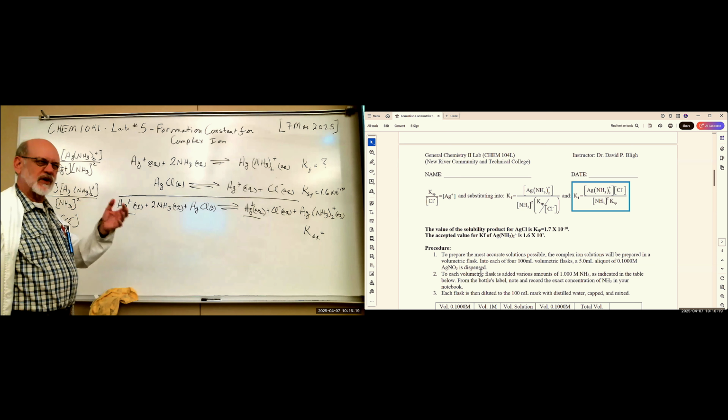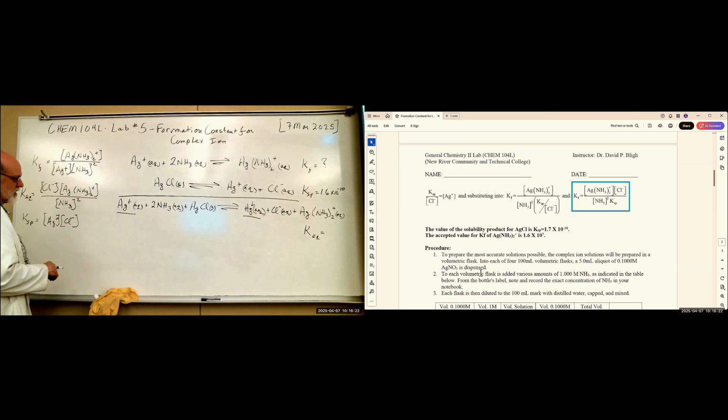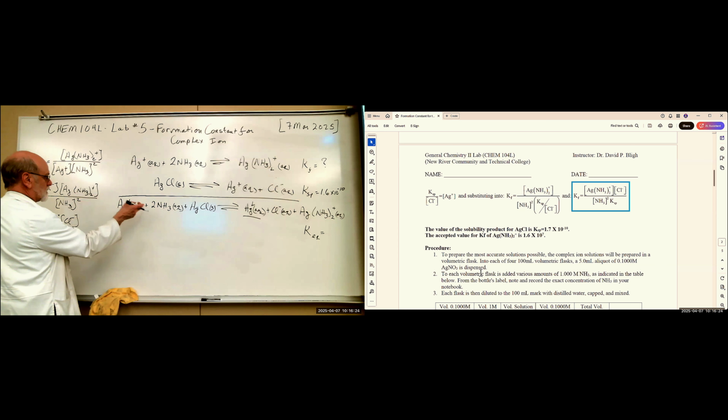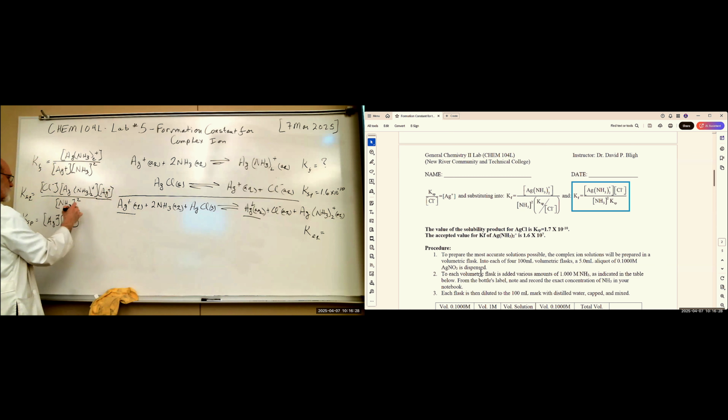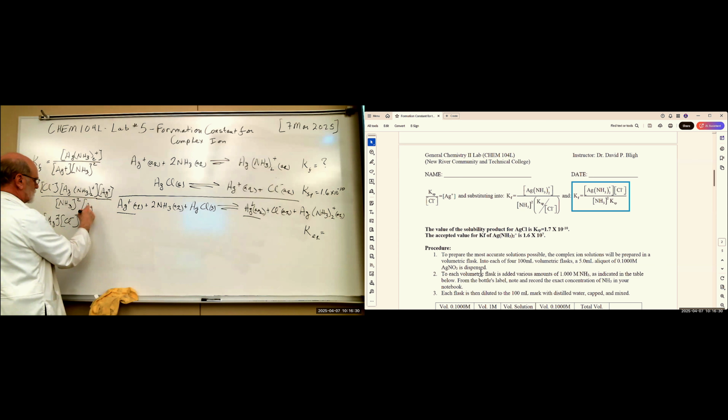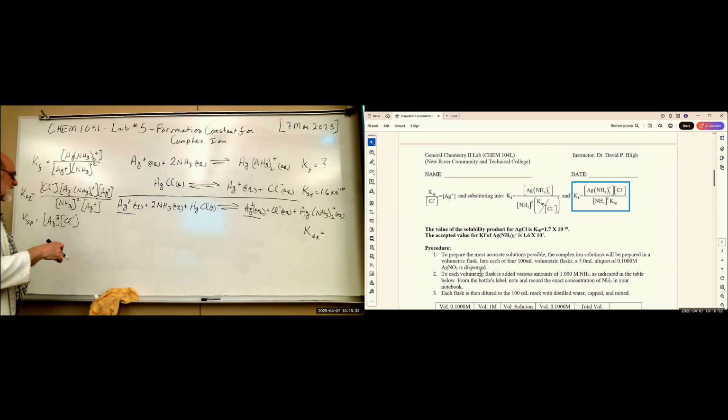This looks unconventional, but it's necessary. If we keep the silver on this side and the silver here, we would expect them to cancel.